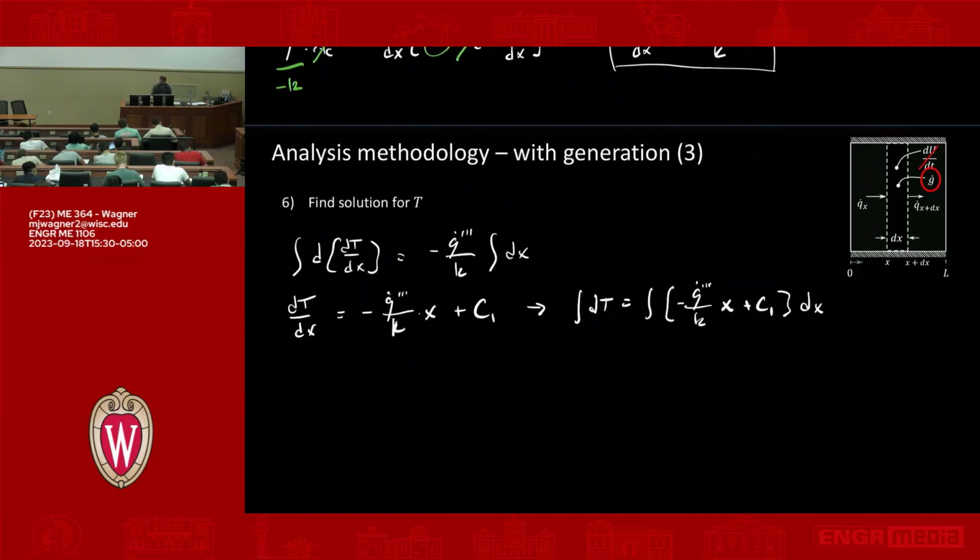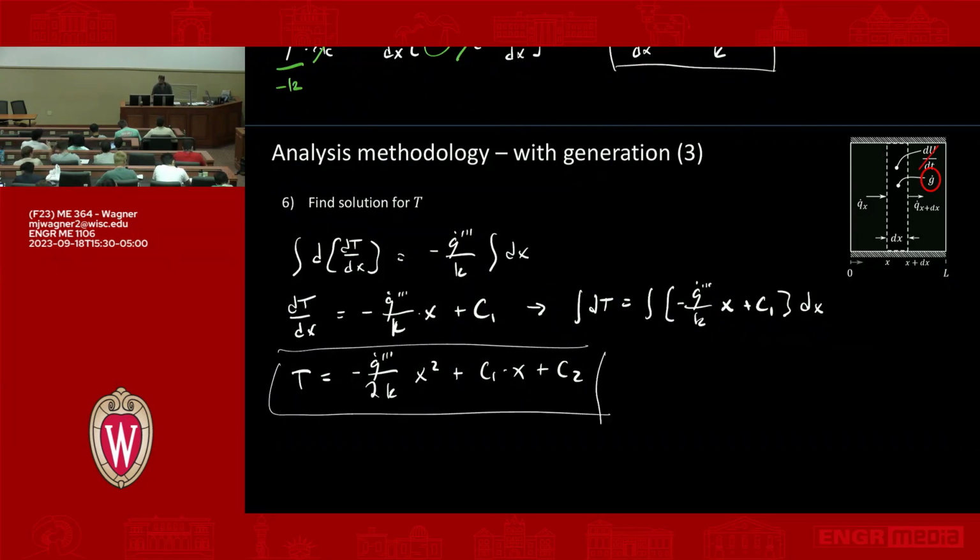Okay, so then this all evaluates to our general expression for temperature, which is T is equal to minus g dot triple prime over 2k times x squared plus c1 times x plus c2. Right?